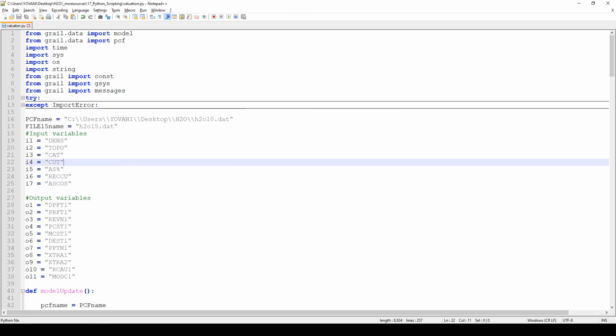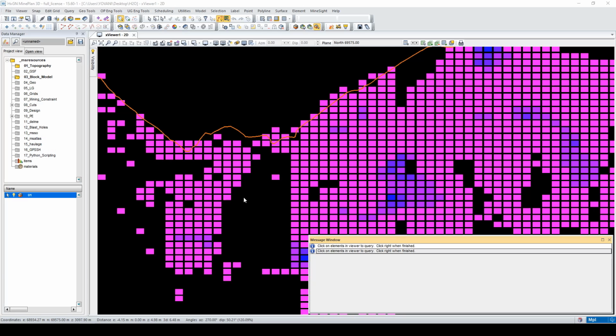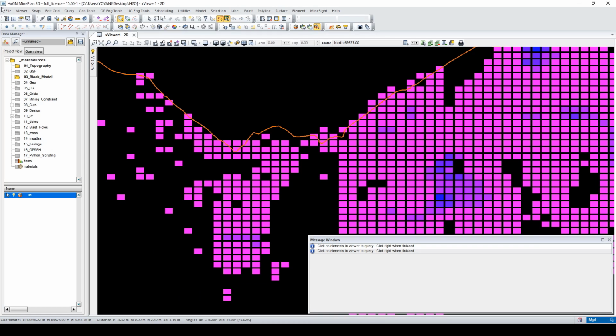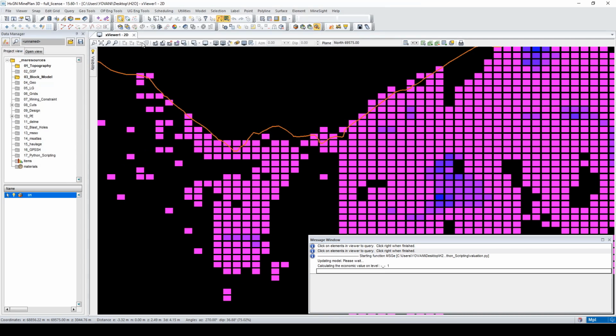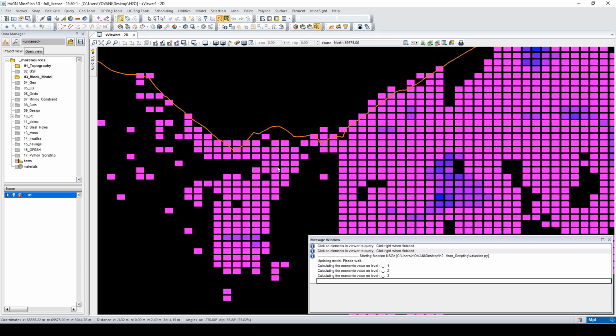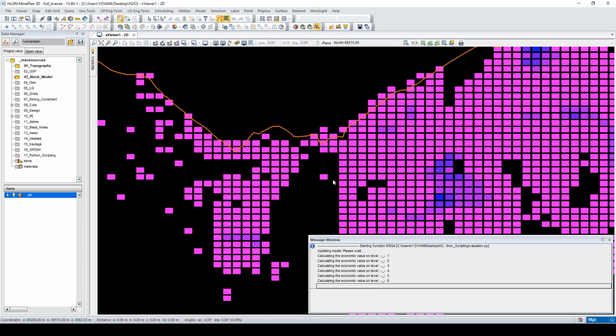Okay, we can run this script. This is going to take a while because it's doing it bench after bench. I'll be back when it's done.